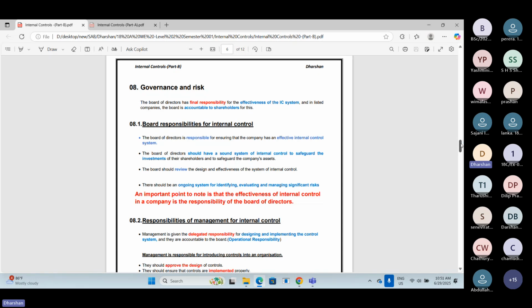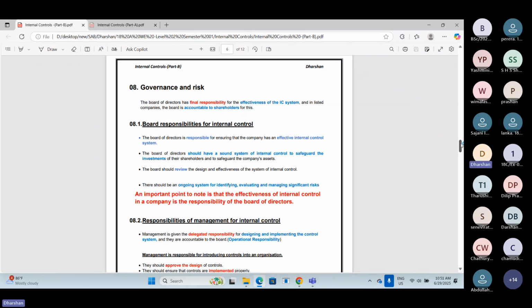At the beginning of today's session, I told you about the board. Directors have the final responsibility for internal controls. That word must be highlighted.